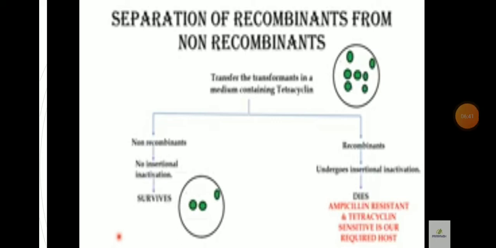Therefore, the bacterial cells or host cells which have the resistance power like tetracycline or ampicillin can grow on the medium and are further isolated from the colonies that do not bear that power of resistance.